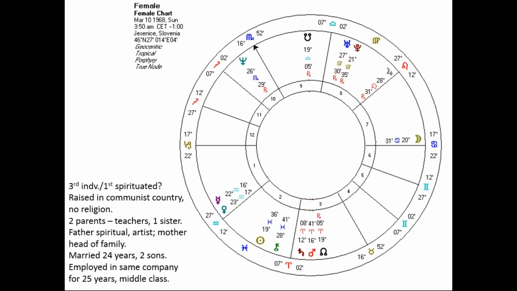Sure. Let me ask a little more background information from you. Because you have the moon in Cancer, which is in the sign that it rules, do you feel that one or both of your parents were emotionally supportive when you were young? I don't think that any of them was really emotionally supportive.